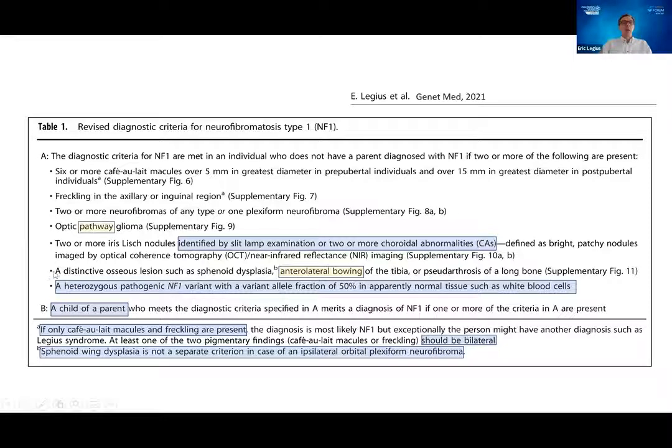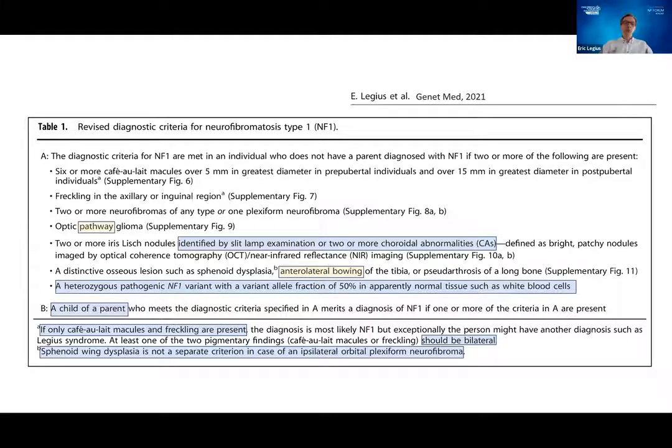Then the diagnostic criterion about the osseous lesions, there we changed the tibia into anterolateral bowing of the tibia, which is also more appropriate terminology than we had before. There was a completely new criterion introduced, and that's the heterozygous pathogenic NF1 variant.